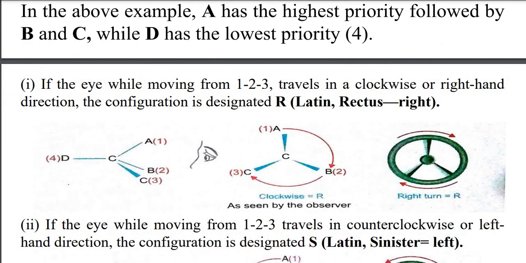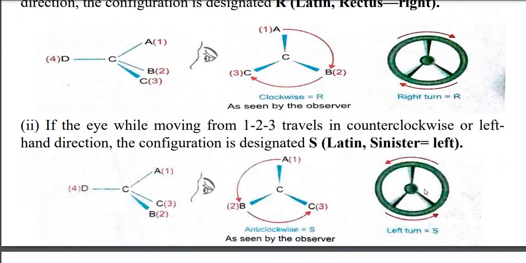If the eye, while moving from 1 to 3, travels in a clockwise or right hand direction, the configuration is designated R, Latin rectus meaning right. So this is like a wheel, right turn means R, clockwise as seen by the observer, and this is the priority order. If the eye, while moving from 1 to 3, travels in a counterclockwise or left hand direction, the configuration is designated S, Latin sinister meaning left.